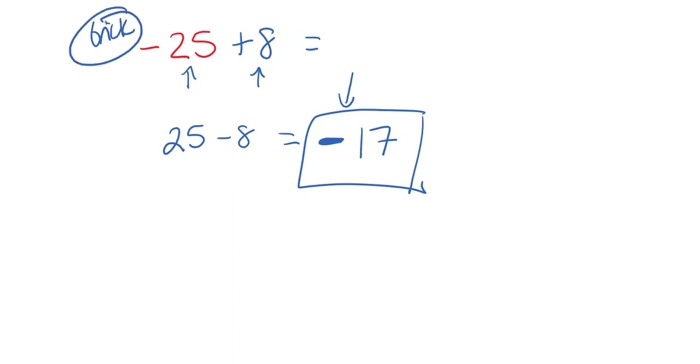So we flipped them: 25 is positive, 8 is negative. We subtract because it's easier to wrap our minds around, and then we keep the negative sign. So that's -17. Now let's do one final example.